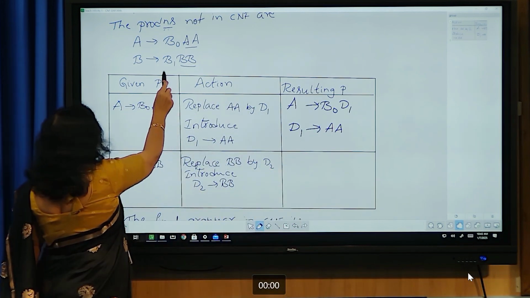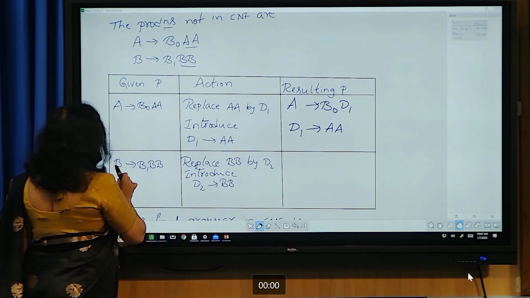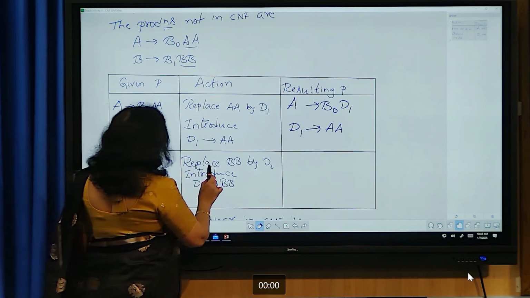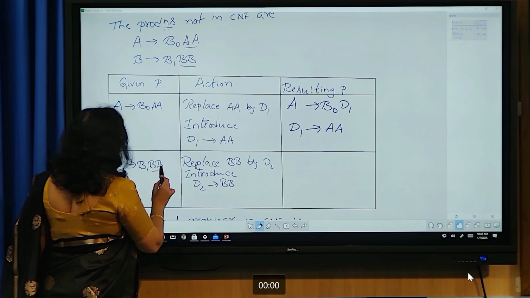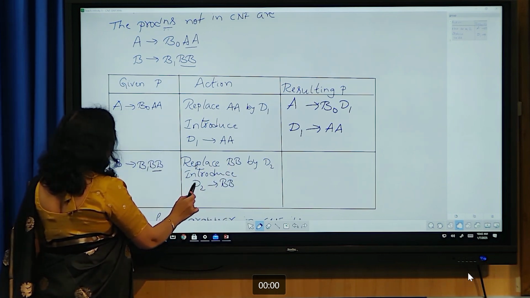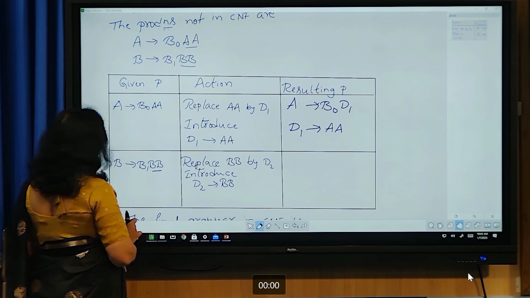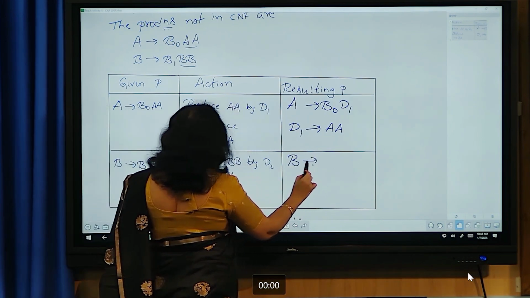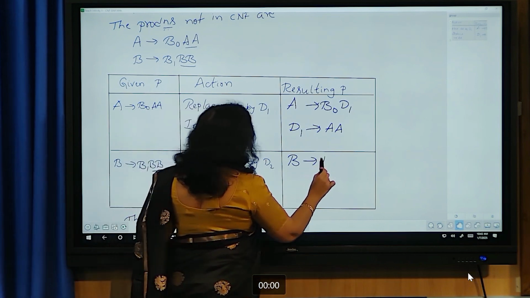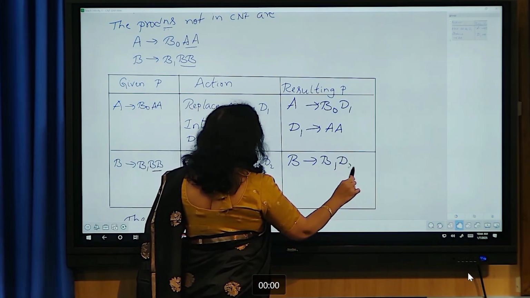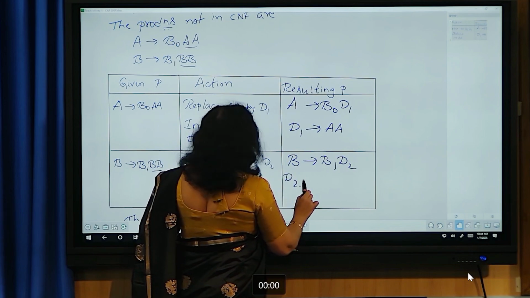Similarly, let us consider the next production, B produces B1 BB. So replace BB by D2, introduce D2 produces BB. So this becomes B produces B1 D2, D2 produces BB.